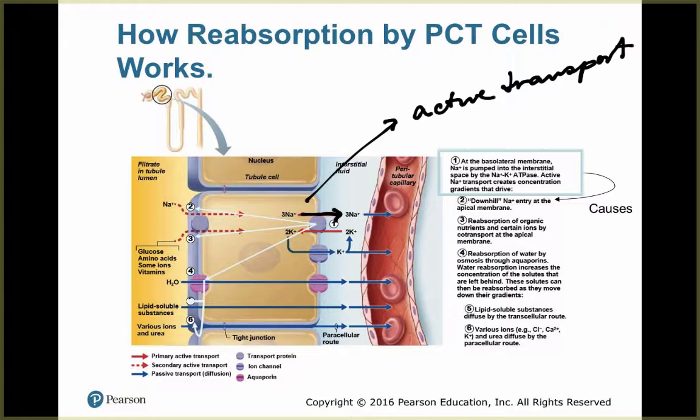And this is the primary active transport, which basically means it's a sodium-potassium pump. And as they go through, they are essentially just moving sodium from one side of the membrane to the other.